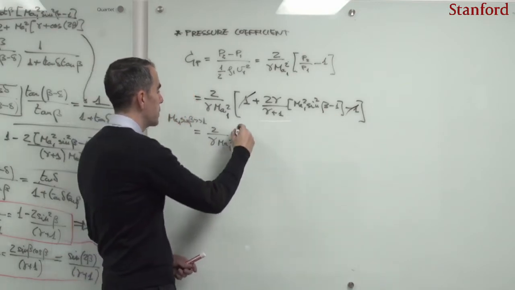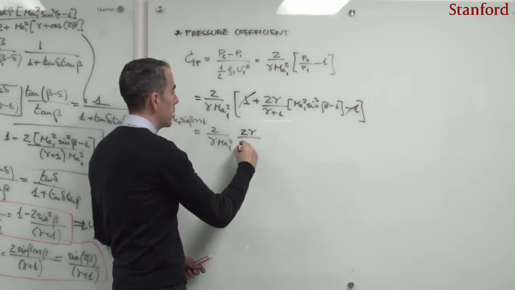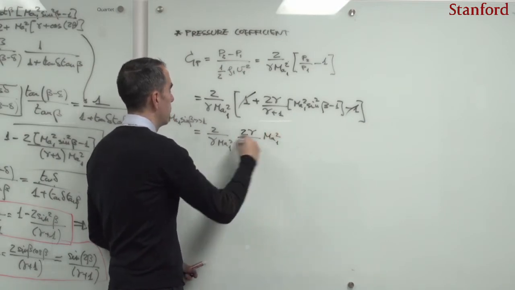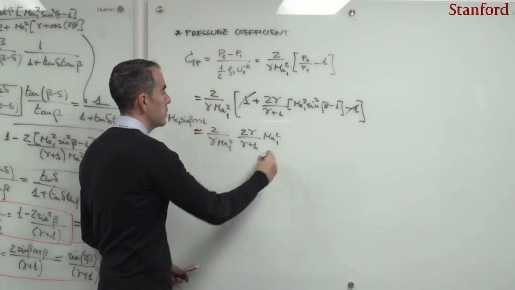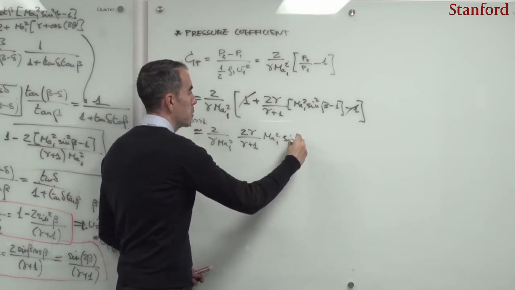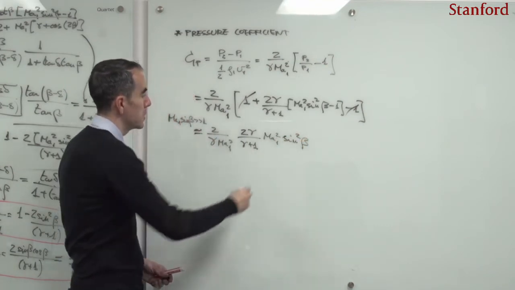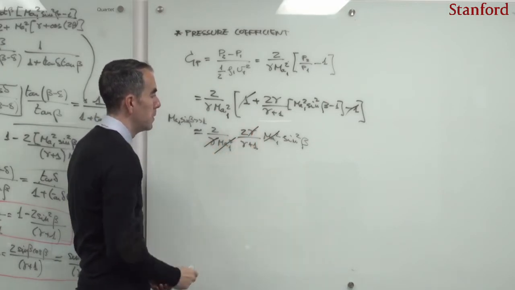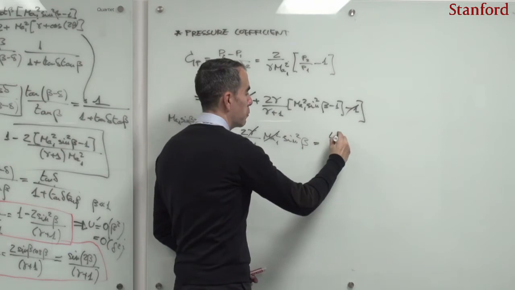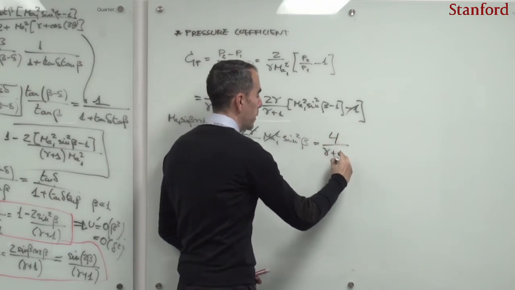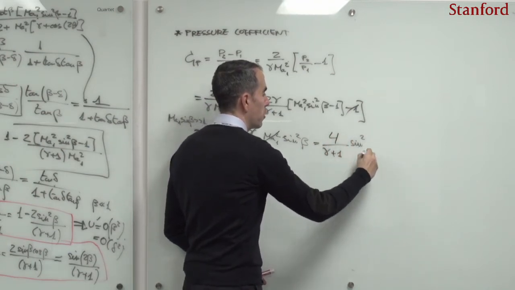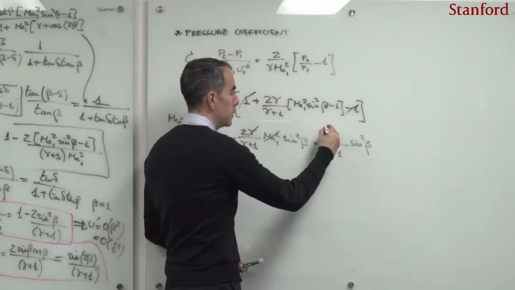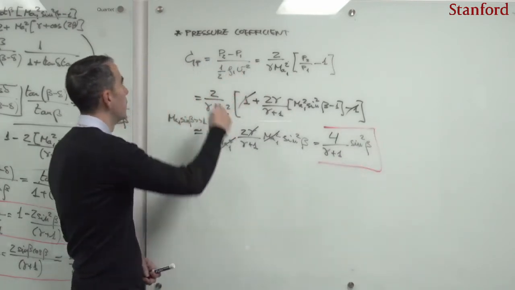And then this is going to be equal to 2 gamma divided by gamma plus 1 multiplied by Mach 1 squared, in the first approximation, multiplied by the sine square of beta. So this Mach goes away with this Mach. This gamma goes away with this gamma. And then one obtains that this is equal to 4 divided by gamma plus 1 multiplied by the sine square of beta. Right, so this is an important relation.